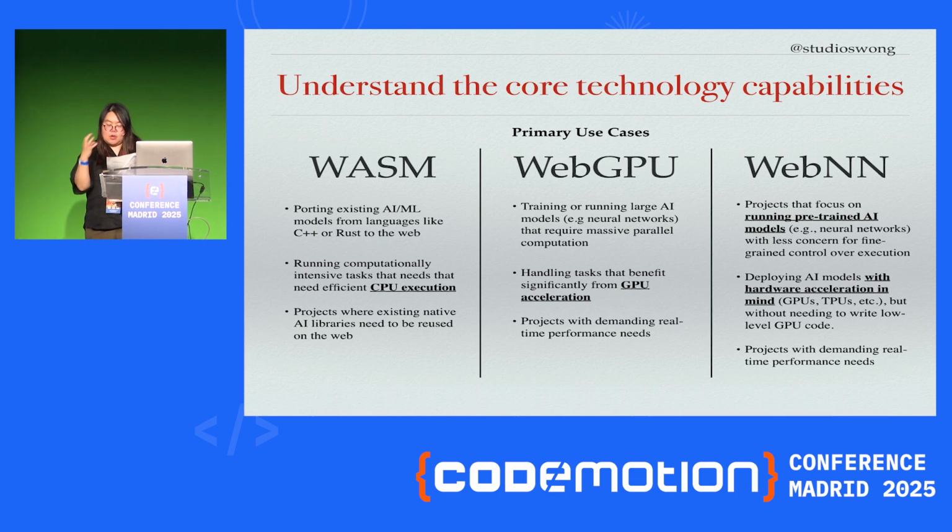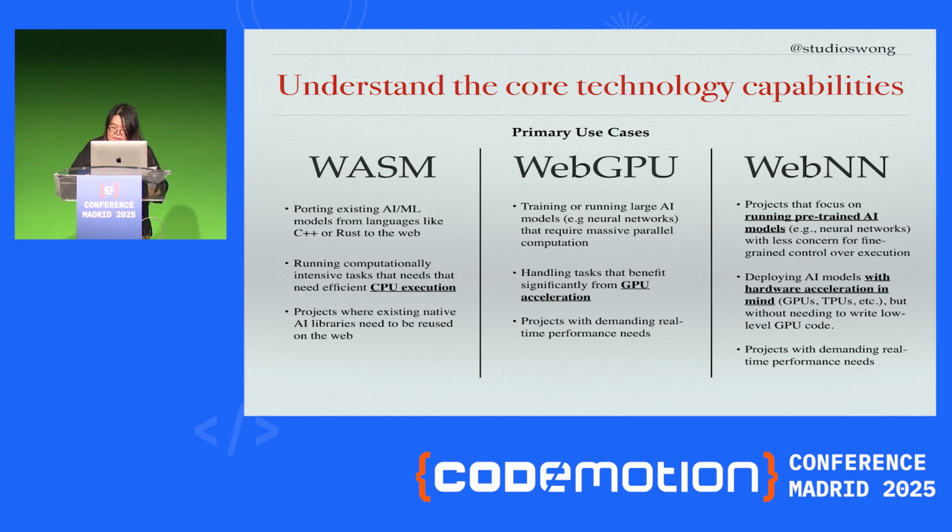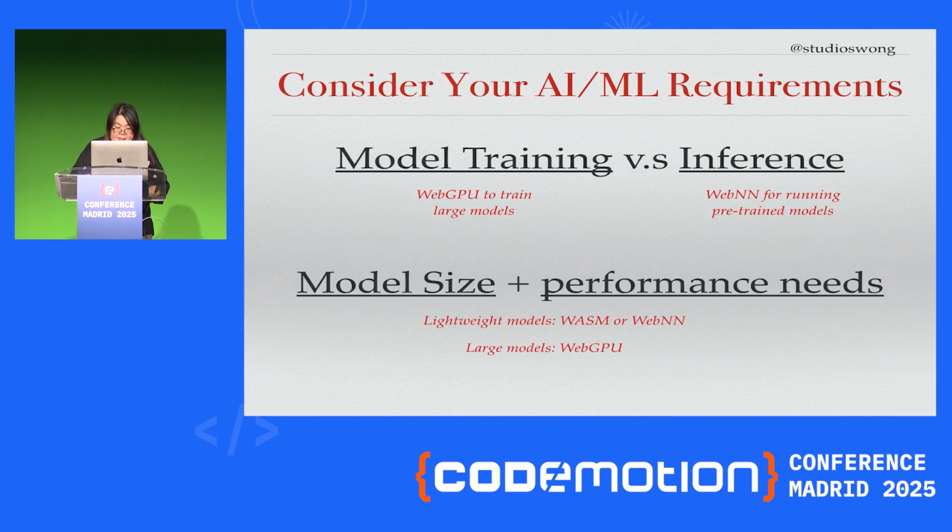But if you want your application to evolve by learning user data, you will need WebGPU. And again, WebNN is a quick solution you can download. There are a lot of pre-trained models, and you can just use WebNN to utilize them.